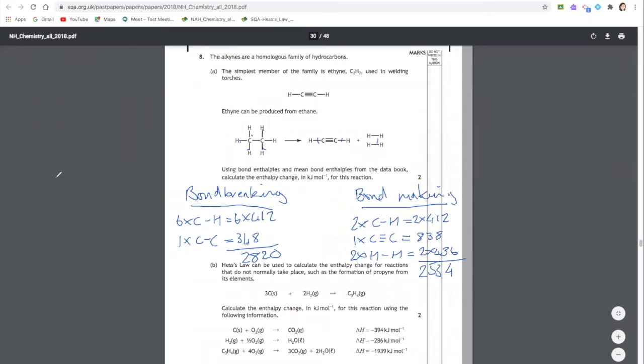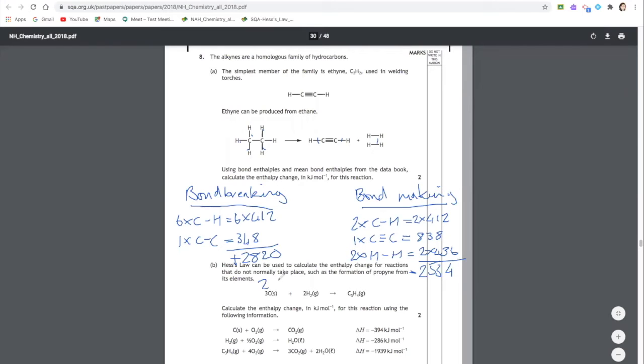So remember, bond breaking is endothermic, so you have to put energy in, so it's a plus. And bond making is exothermic, so you get energy out, which means it's a negative. Now you just need to take the net energy change for these two, so you add them together.